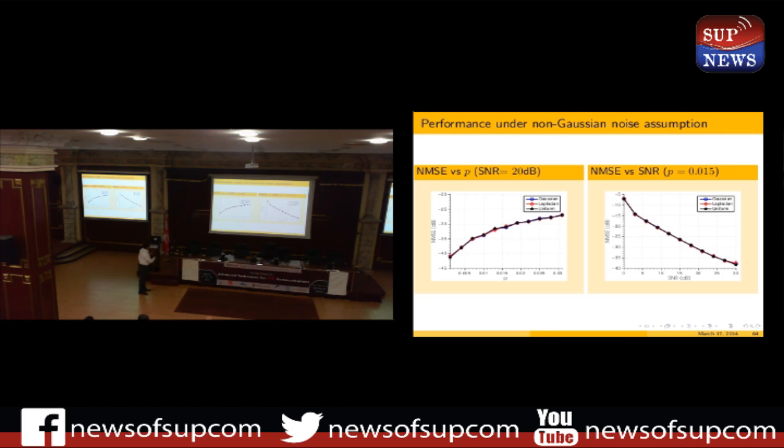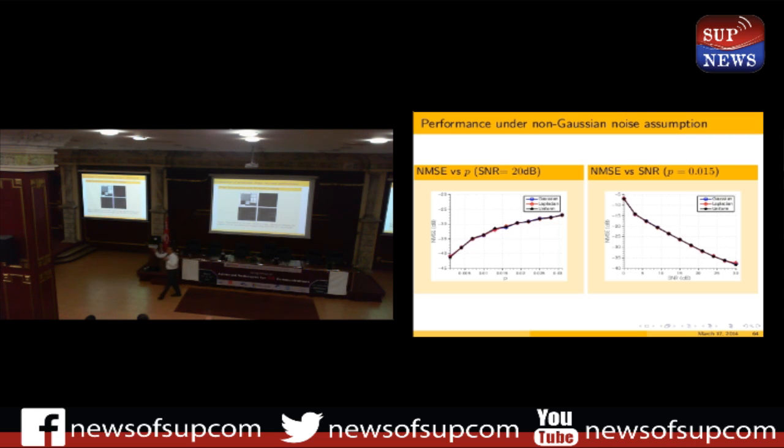Notice that the mean square error we make is independent of the distribution. We make the same mean square error regardless of the distribution of the non-zero entries, which says that we're truly agnostic to the distribution.